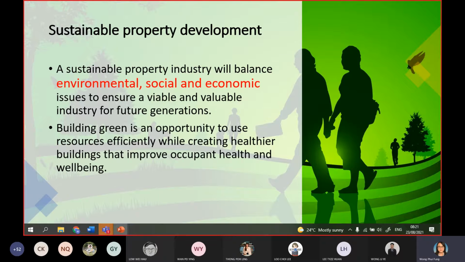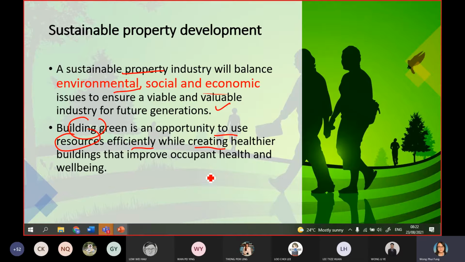Okay, so as a result of this impact, a sustainable property industry is needed in order to balance environmental, social and economic issues, to ensure a viable, valuable industry for future generations. Why do we need to build our buildings green and sustainable? When we do, we can use resources, which as I mentioned are very limited, more efficiently, and at the same time create a healthy building.